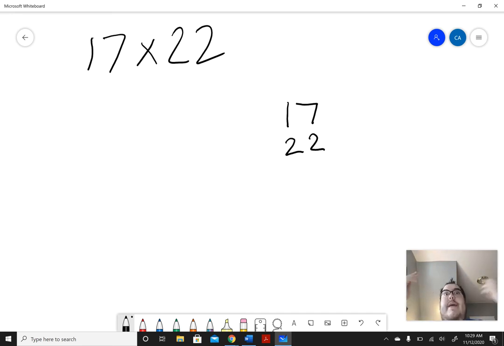All that to say, that's why when we have multiplication, our place values don't necessarily need to be lined up. It looks very nice and very pretty if it is, and in standard algorithm, they should be, but they don't have to be. Okay, so let's go ahead and get this started.